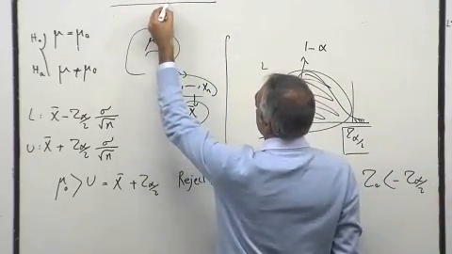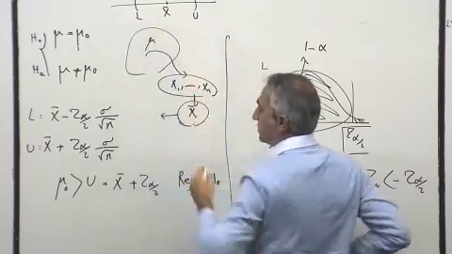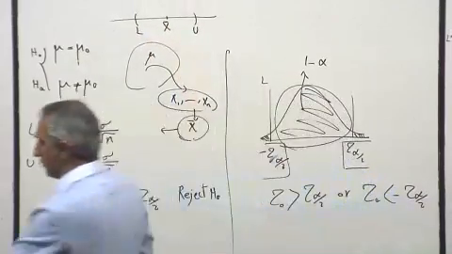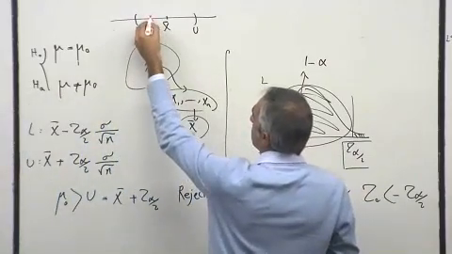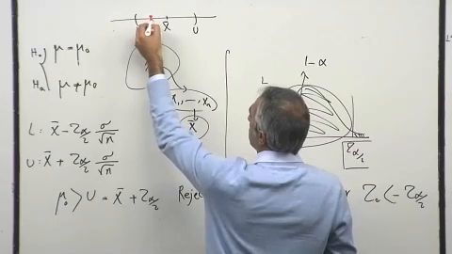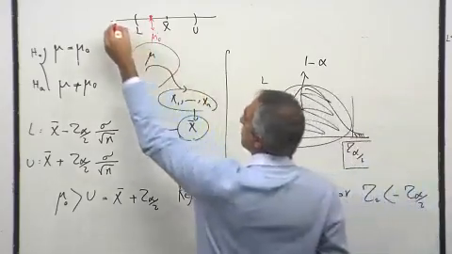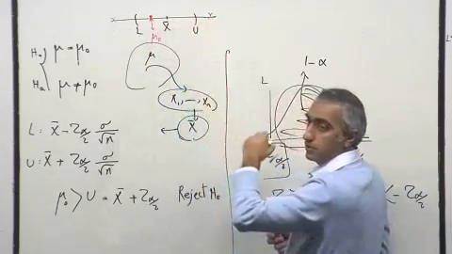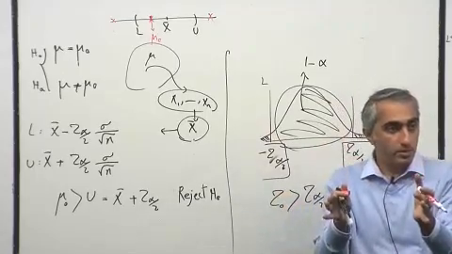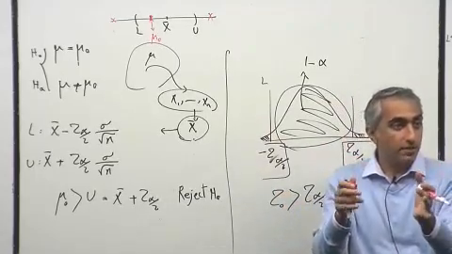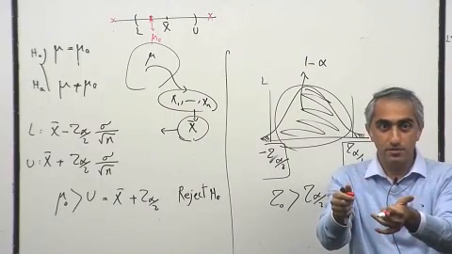I have X bar here, and I have a lower and upper confidence limit. If your mu 0 is here, I do not reject. But if your mu 0 is here or here, we reject that. Does it make sense? Because the X bar that you get does not provide the evidence that mu belongs to this confidence interval. Is it clear?